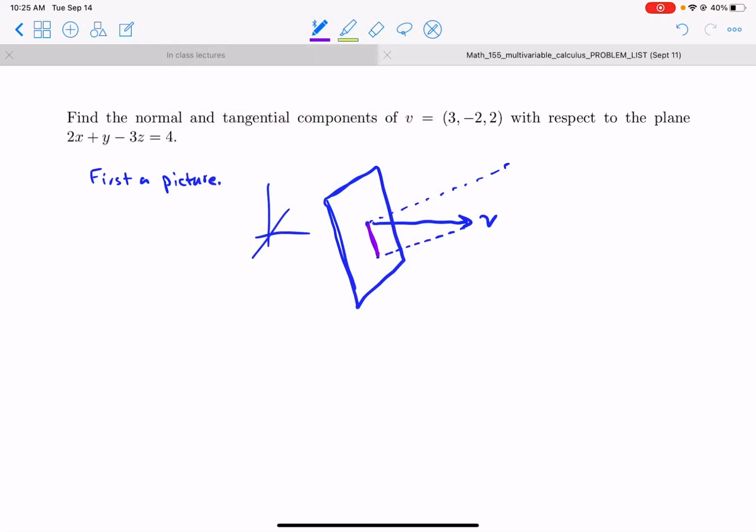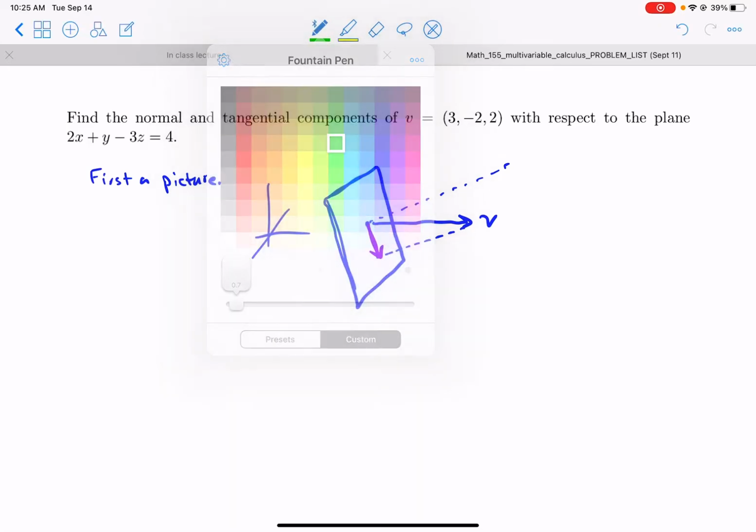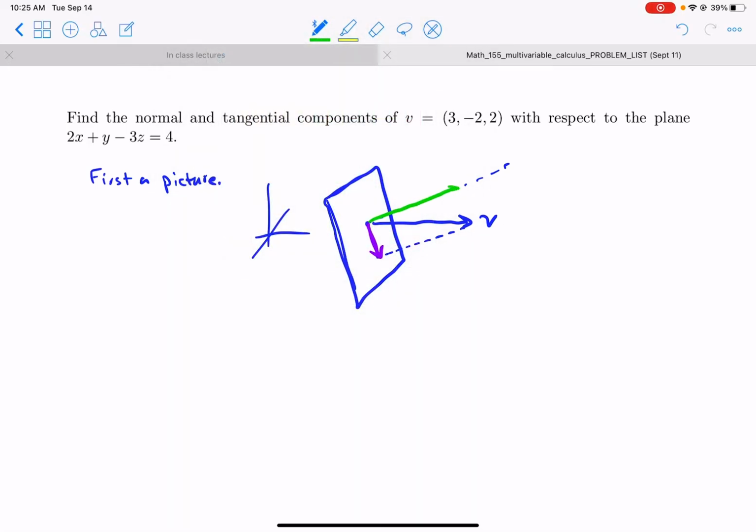This will be the purple vector. It's in the plane, so we call it the tangential component of v with respect to the plane. And let's take this one to be green. Now I'm projecting onto this normal line, the line that's normal to the plane, meaning that it has a 90-degree angle with respect to the plane.